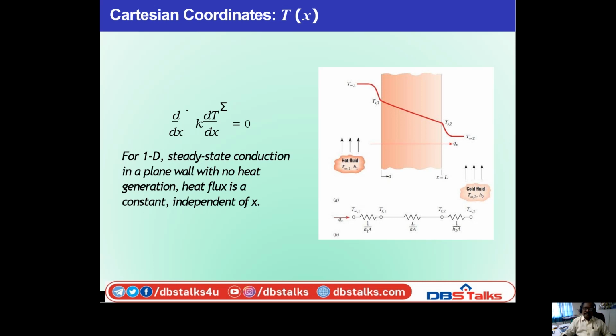In one-dimensional heat conduction in a plane wall, there is no heat generation. So heat flux is a constant, independent of x. The heat transfer rate is a constant, and it is a steady state.